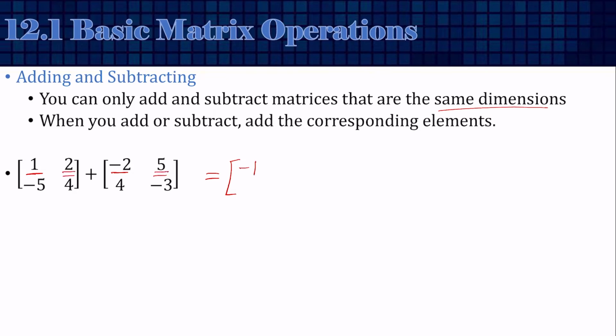Top right with the top right, 2 plus 5 is 7. The bottom left with the bottom left, negative 5 plus 4 is negative 1. And the bottom right with the bottom right, 4 plus a negative 3 is 1.